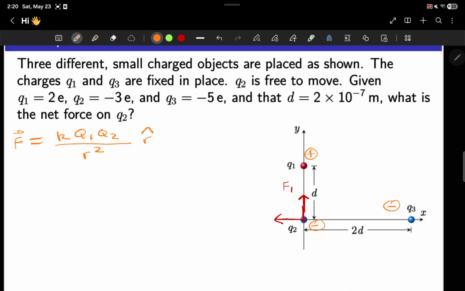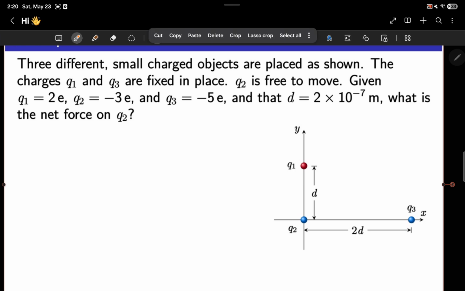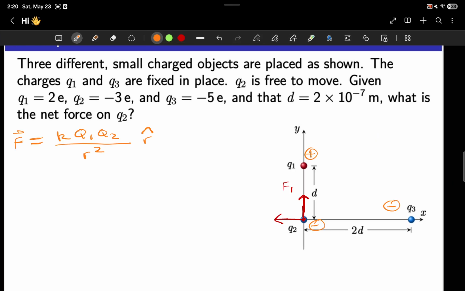Now that we've drawn the force vectors, the first step in this problem is to find the magnitudes of each of these forces. So that's the force on charge 2 from charge 3.